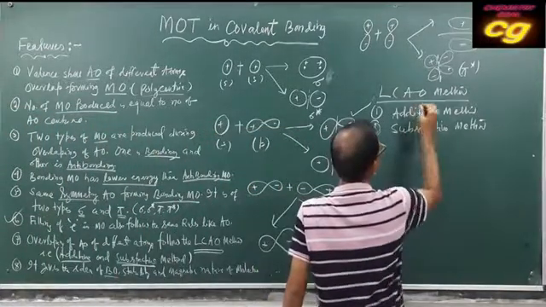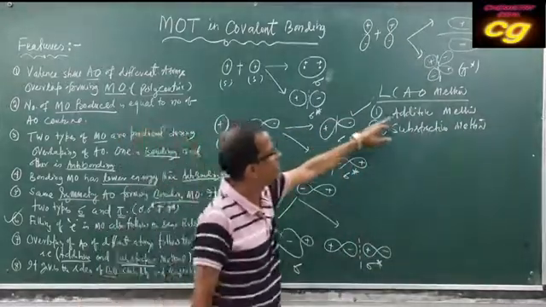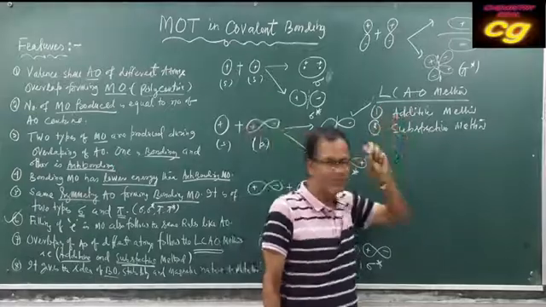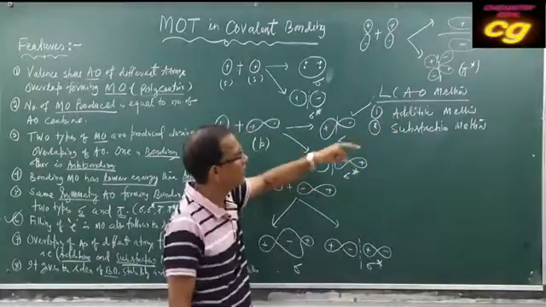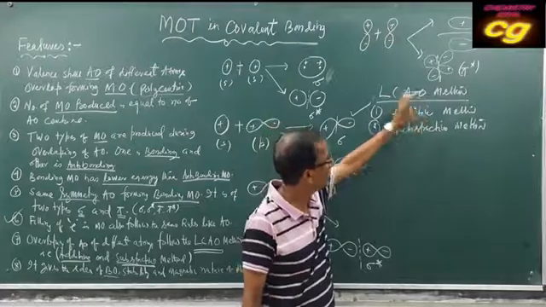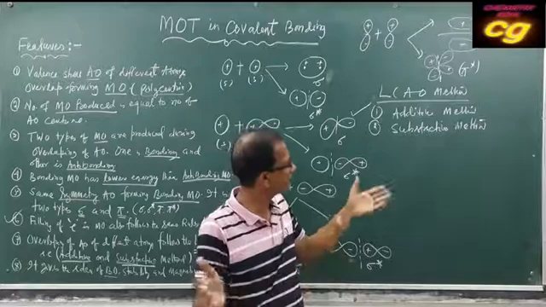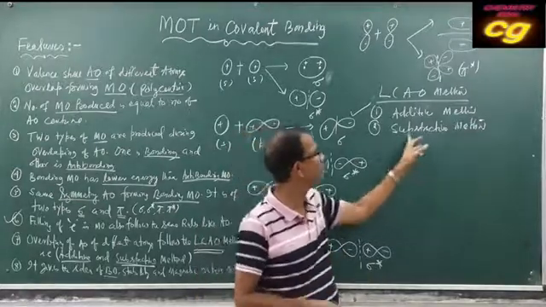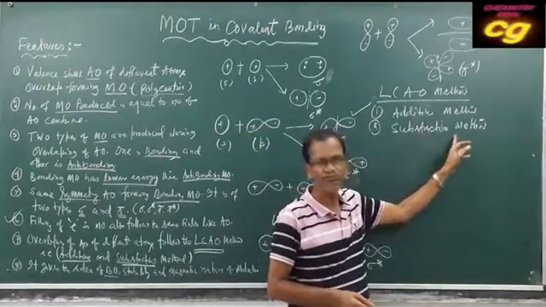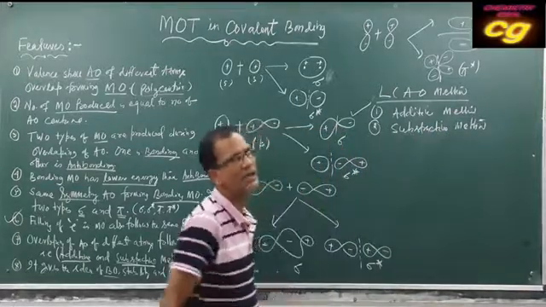In the additive method, when orbitals of the same symmetry overlap, they form bonding. When orbitals of different symmetry come closer, that is called the subtractive method, forming antibonding.